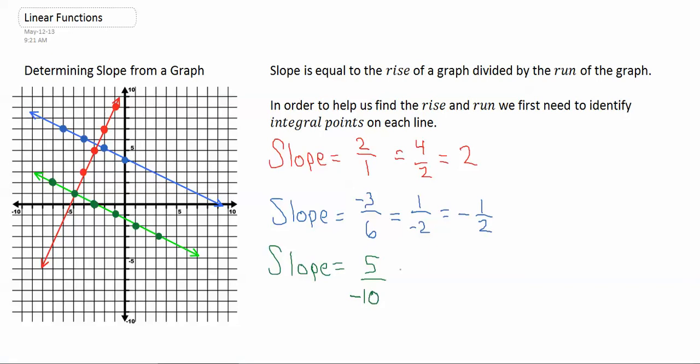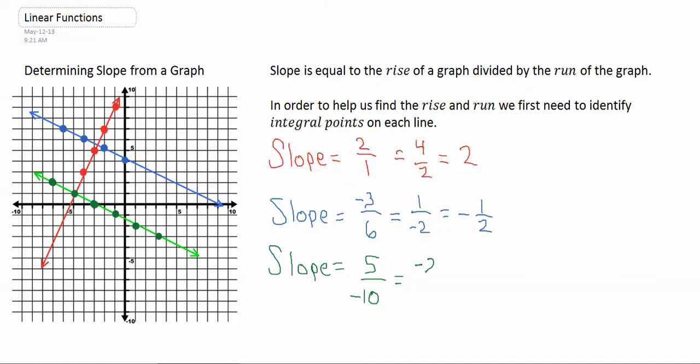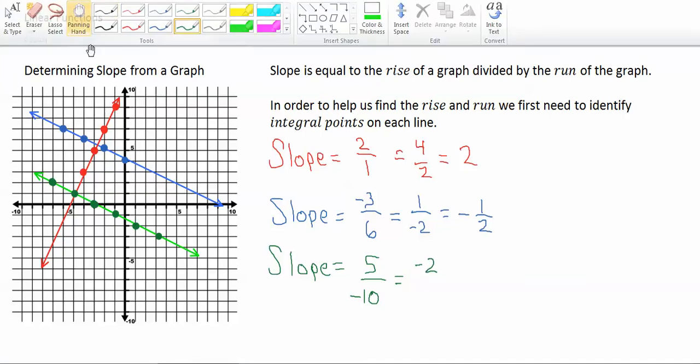Now I'm going to choose another set of points, and we're going to see that we get the exact same slope. Let's choose, for instance, this point here to this point here. First I do my vertical change. I have to go down 2, 1, 2, so I have a change of -2 on the y-axis.